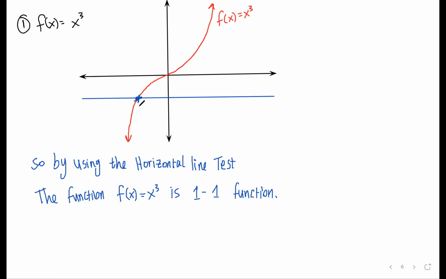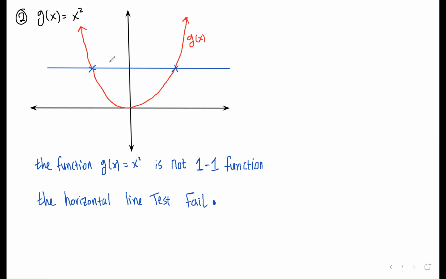This means one-to-one. Make sense? Is it clear? Yes. Okay. So if the line intersects the curve at only 1 point, this means one-to-one. At 2 points or more is not one-to-one. That's why the function g of x equal x squared is not one-to-one.